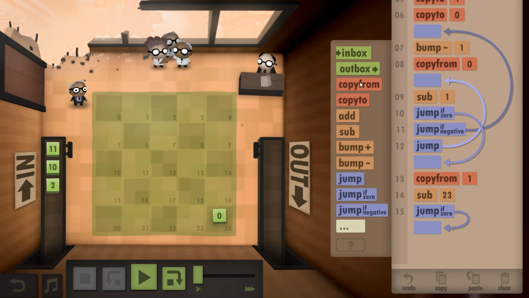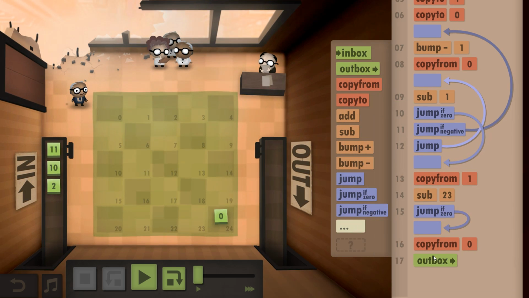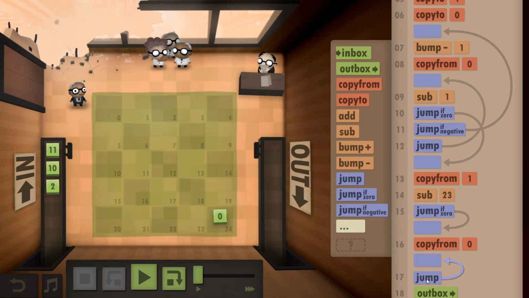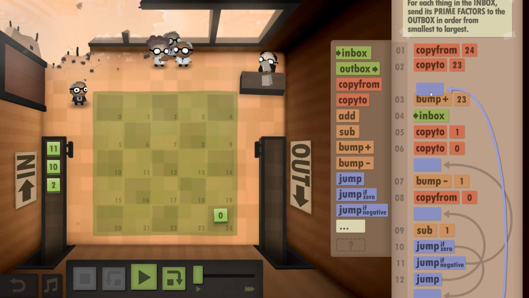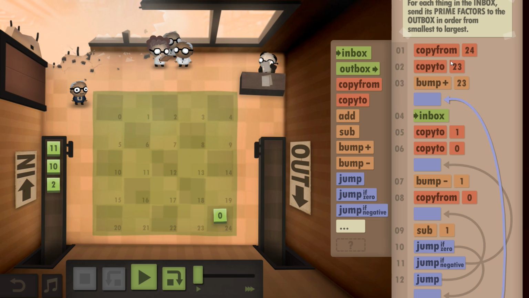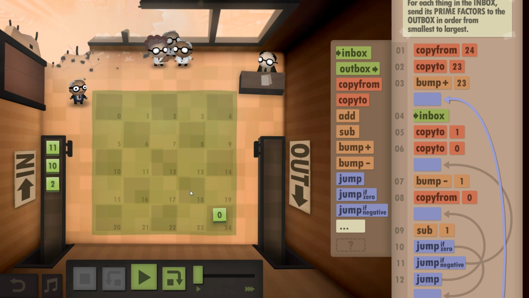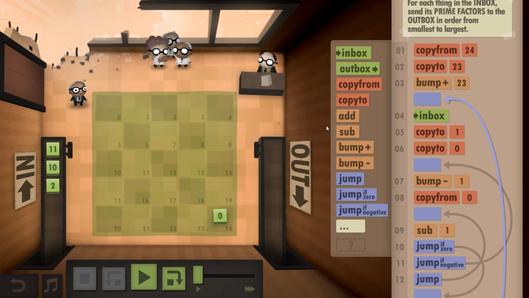Which means copy from 0, outbox, done. Jump back up to the start. Actually, I don't need to loop that, because that's always going to be a 1. I think. I don't want to change that. Okay, okay.